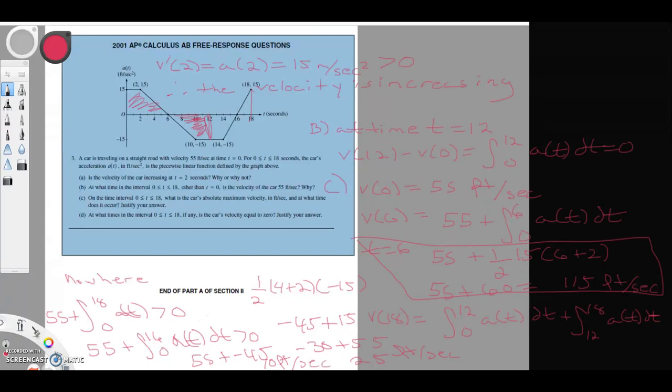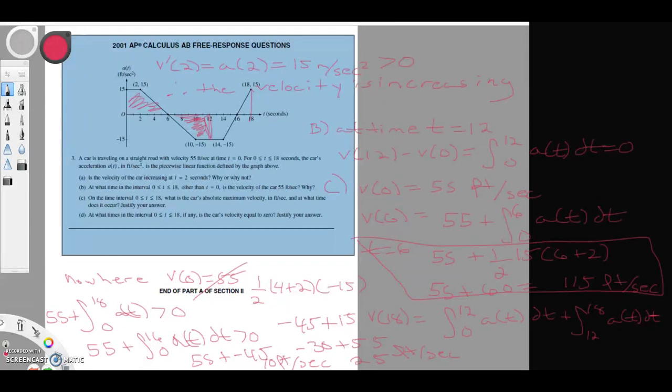So remember, endpoints can be the min. We already know v of 0 is 55, which is definitely not it. This is not it either, so it has to be this part right here, because that is the absolute min. So let me erase those boxes.